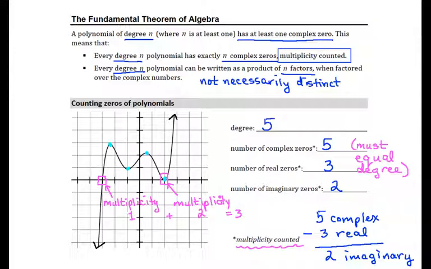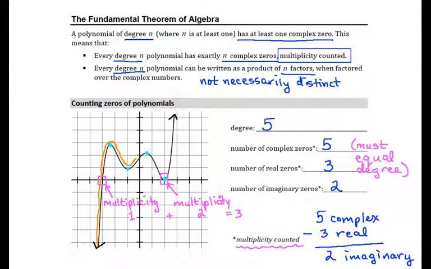Looking at the graph, we can also see those imaginary zeros showing up in another way. If we start from the left and just follow this graph, we know that the way to get the maximum number of real zeros is if every time we turn around, we also cross the x-axis. Well, here I can see that the graph turned around without quite reaching the x-axis.